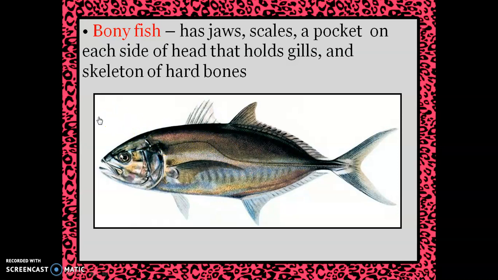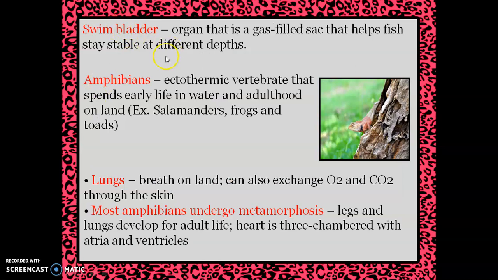It's a sensory nerve that allows them to determine the depth that they're at, and whether they're right side up or not. And they can change their depth using this swim bladder, and it's literally an air sac inside it. When you dissect a fish, you can find that and pop it. It's kind of funny. But that is how fish will be able to change their depth, by how much air is in that swim bladder.